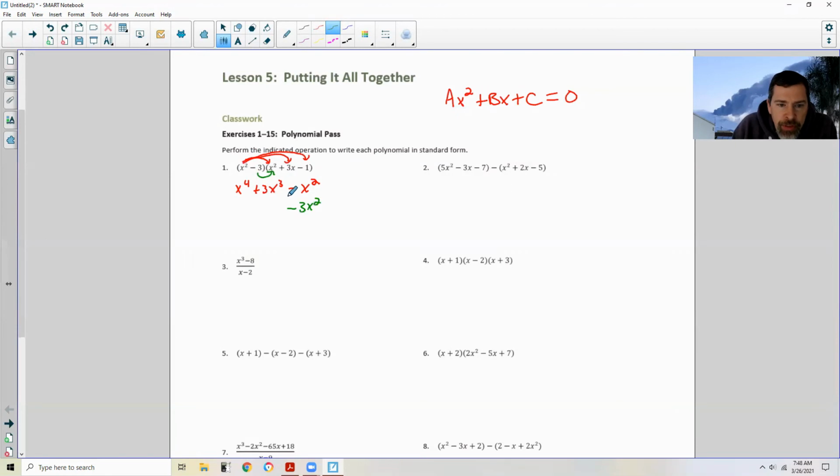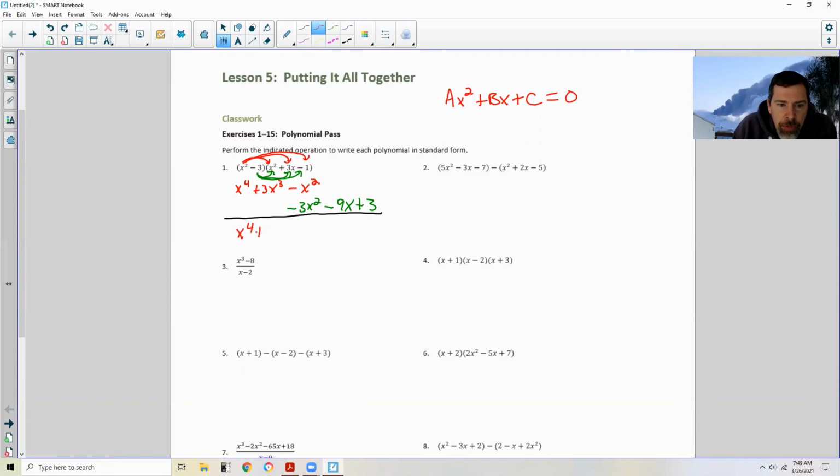Notice where I wrote this underneath the x squared. -3 times a positive 3 is a negative 9x. Negative times a negative is positive. 3 times 1 is 3. And then all we have to do now is just bring down our terms.